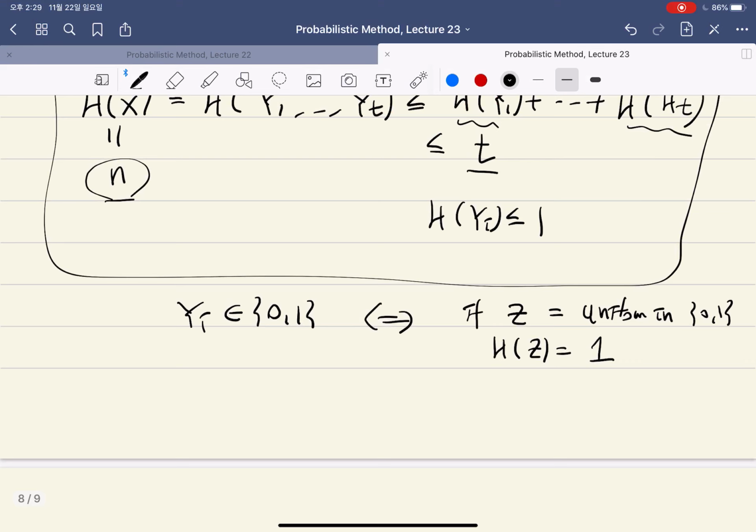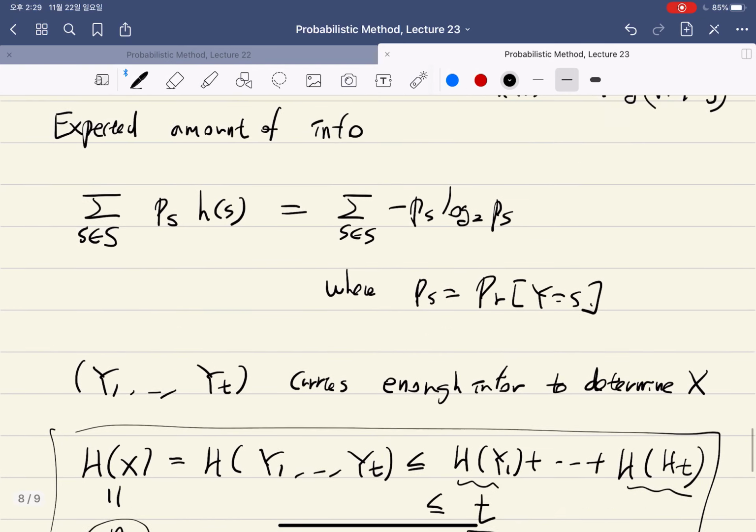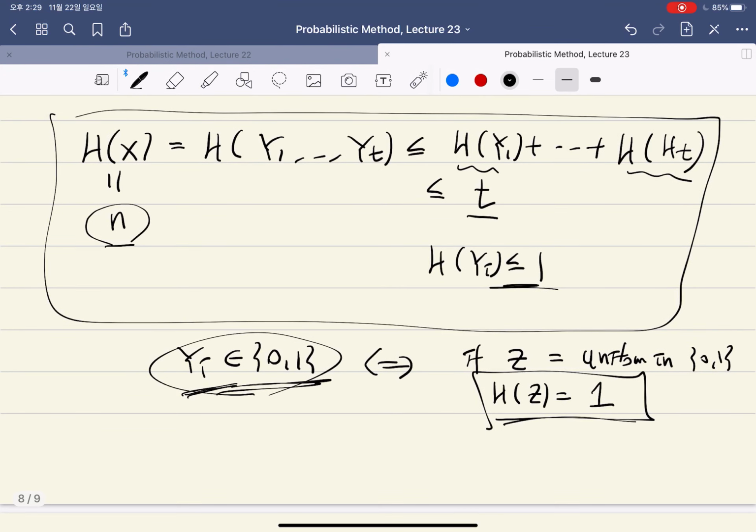So the first thing we want to do is that we don't know what this random variable is. It could be non-uniform. But we want to show that no matter what it is, it has smaller than or equal entropy than the uniform one. So you want to compare this with the uniform random variable's entropy. Because in the end, what we want to do using this entropy is count discrete objects.